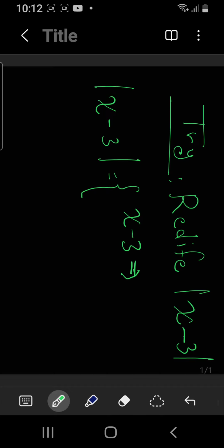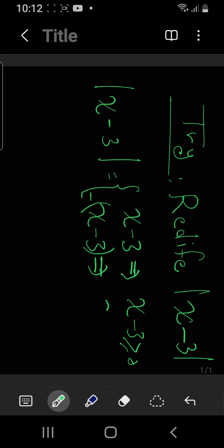So let me solve it. The absolute value of x minus 3 equals x minus 3, which belongs to x minus 3 bigger than or equal to 0, and negative x minus 3 belongs to x minus 3 less than 0.